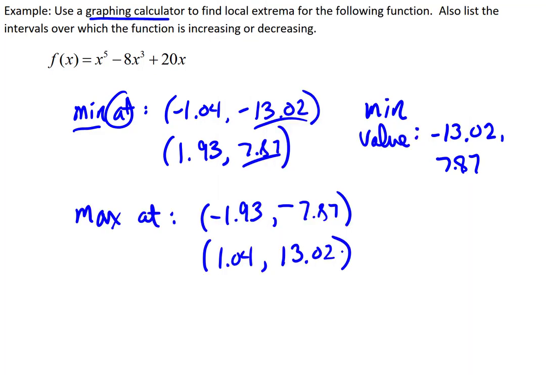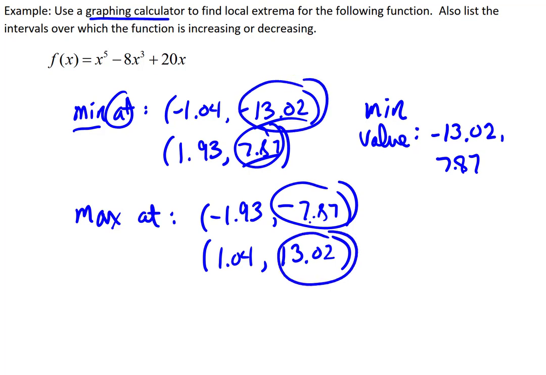Now, if we look back at our list of points at which these min and max values occur, you'll start to observe some symmetry, and that's because this is a nice, symmetric polynomial type graph. We'll learn more about symmetry later on in this course, but for now, notice there's a 7.87 and a negative 7.87. There's a negative 13.02 and a positive 13.02.